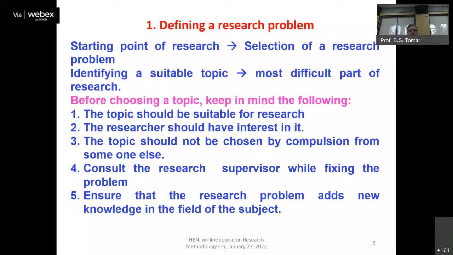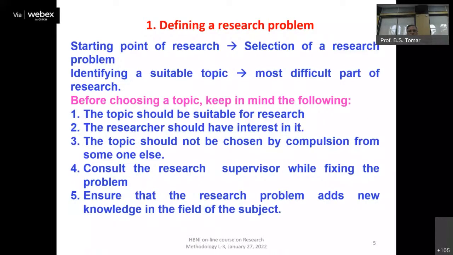In that topic, then you have to choose what problem to work on. So this is in fact the most difficult part of the research problem, how to identify the research problem, or even the topic also. Many a times, the guide may give you a broad canvas and you have to choose from the topics that he is working on.